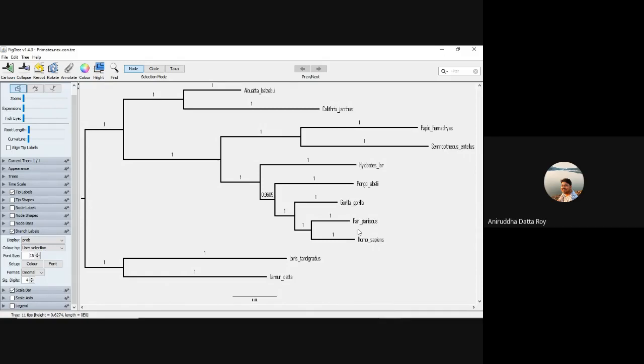So therefore, your posterior probabilities are going to be very high. Whereas bootstrap is a completely different method. It is actually taking each character separately and resampling with replacement. So therefore, you might get completely different support values.